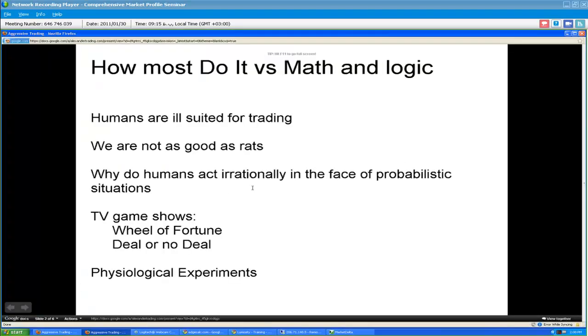The other place that you can see it is in certain game shows. How many of you ever watch Wheel of Fortune on television? Anybody ever watch Wheel of Fortune? Let me get my panels back here. No answers.